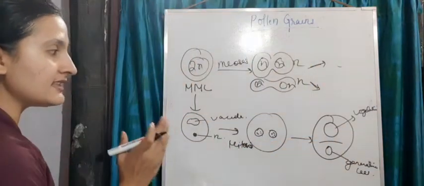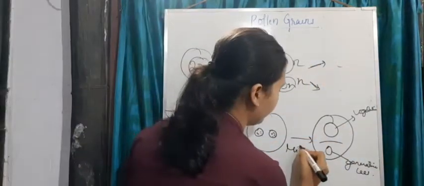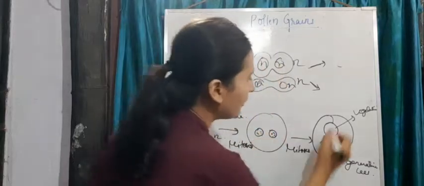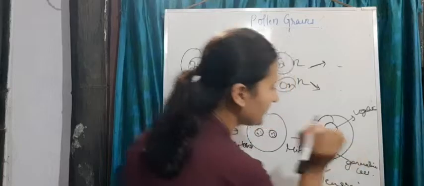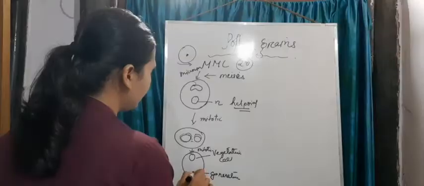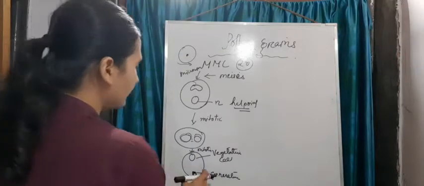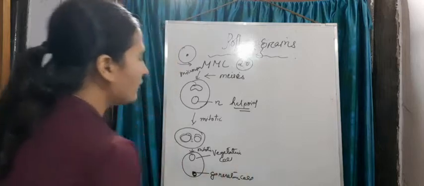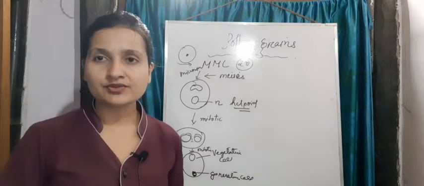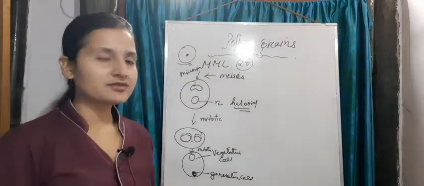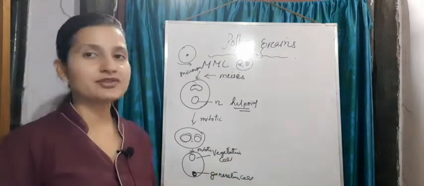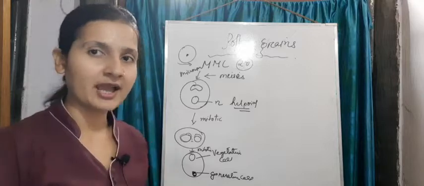I hope this is clear till here. Now this is ready to become pollen grains. The vegetative cell has very little function, unlike the generative cell, which plays an important role. It is the cell which later gives rise to gametes.